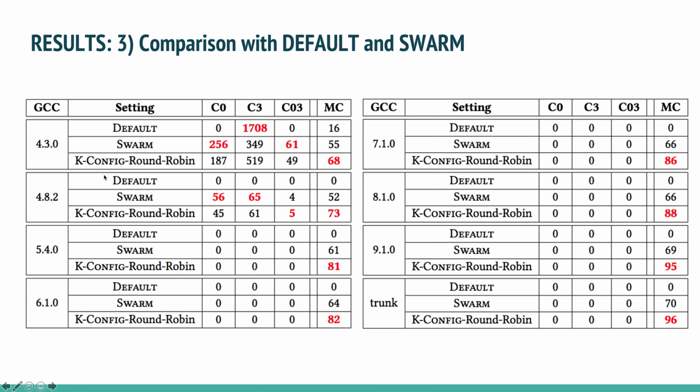For MC, in all MC means miscompilation. For miscompilation, in all cases, kconfig round robin triggered the highest number of miscompilations compared to default and SOAN in all versions of GCC.